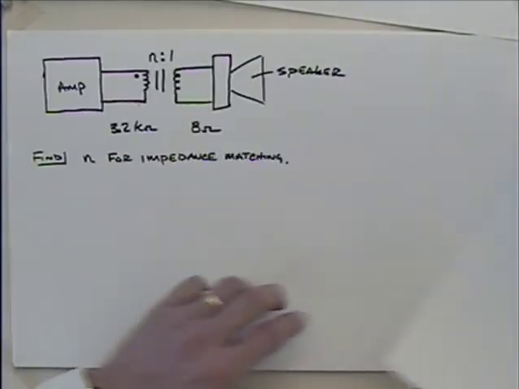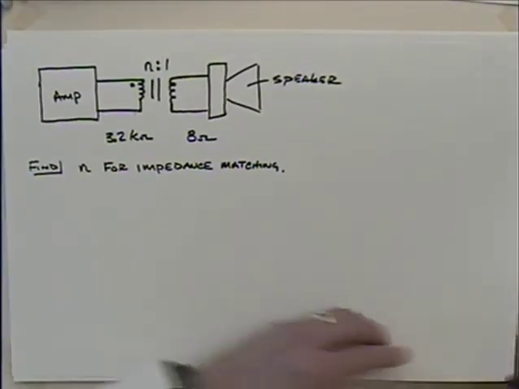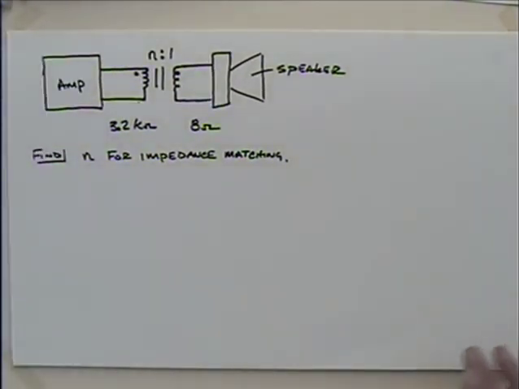Well, the last problem we have to do, we talked a little bit about this with the turns ratio. Where this is used is oftentimes impedance matching. So we look at a scenario where we have an amplifier driving a speaker, and they're different impedances, and we want to do impedance matching. A lot of times we use a transformer to do that.